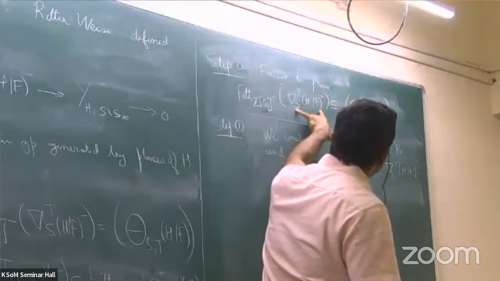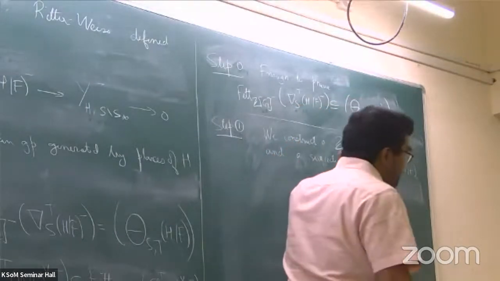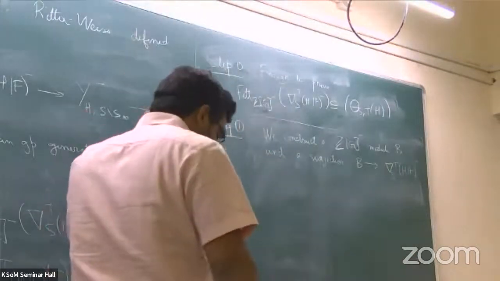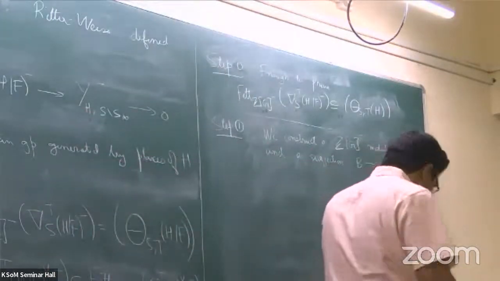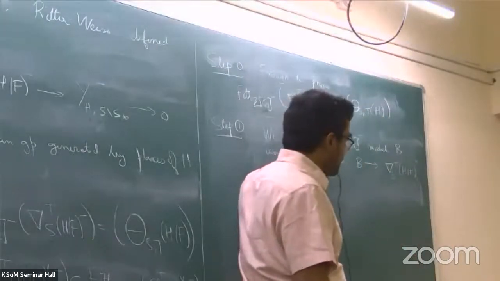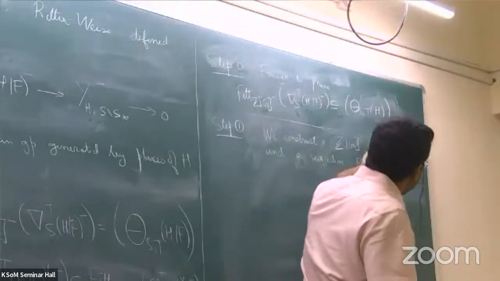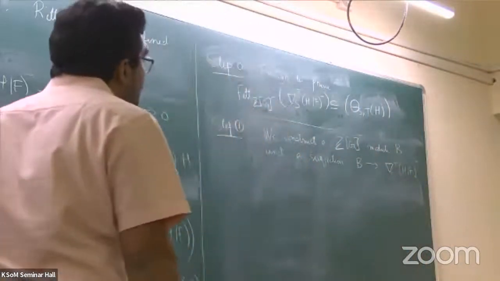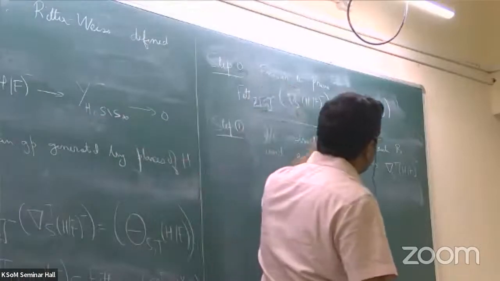This means that nabla is big. I mean, morally speaking, it's at least roughly as big as that mod ZG theta. So you have to show that this is big. Okay, it has lots of elements. And that's what we know by the work of Rubin, Wiles, Weiser-Wiles, how to construct elements in some arithmetic objects.